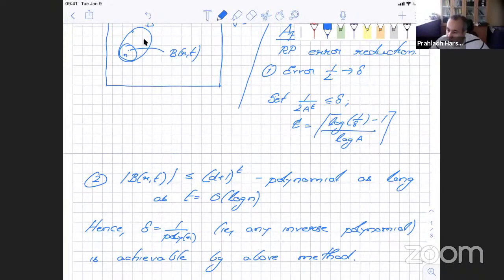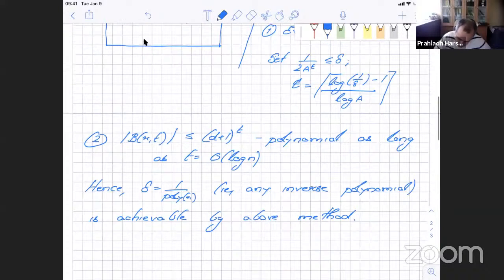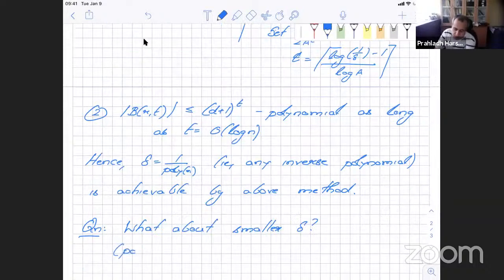Okay. So the question we'll ask, the question which we'll spend the first 20 minutes or so on, is what about smaller delta? Can I reduce the error even smaller? For smaller delta, I won't be able to do it without adding random bits, possibly at the cost of a few additional random bits.